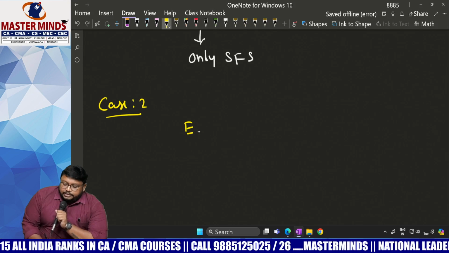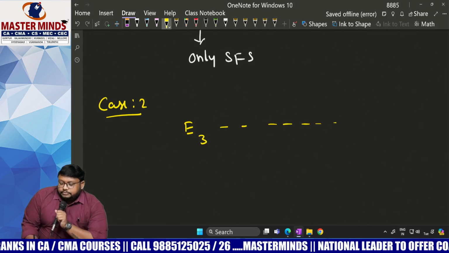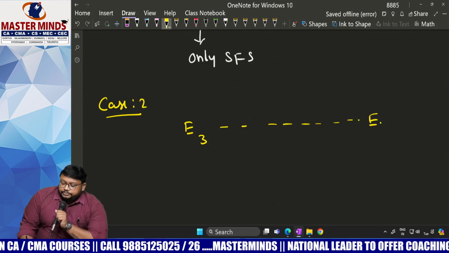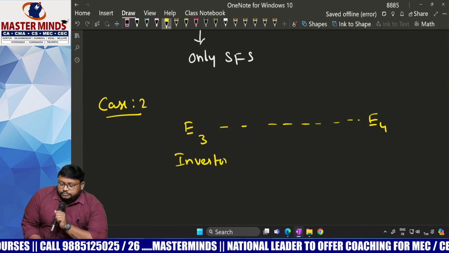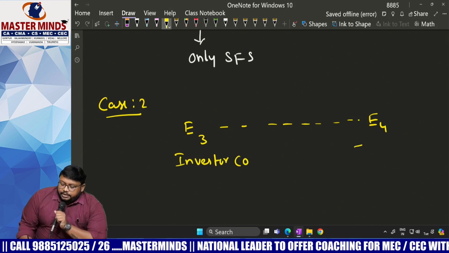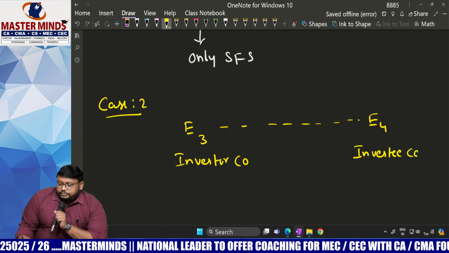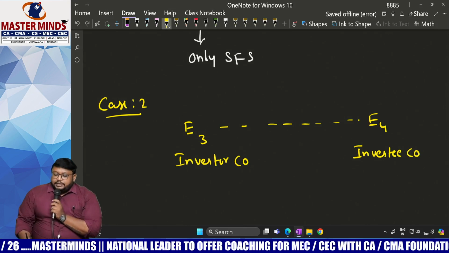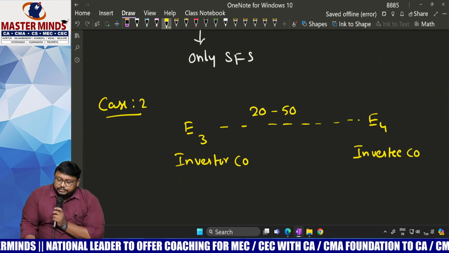So here the other entities: entity E3 invested in E4. So E3 will be the investor company and E4 will be the investee company. Okay. Now the size of investment is 20 to 50 percentage.